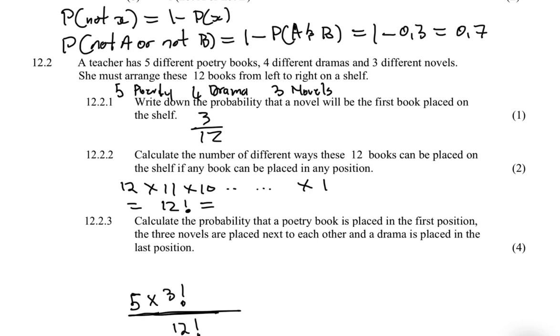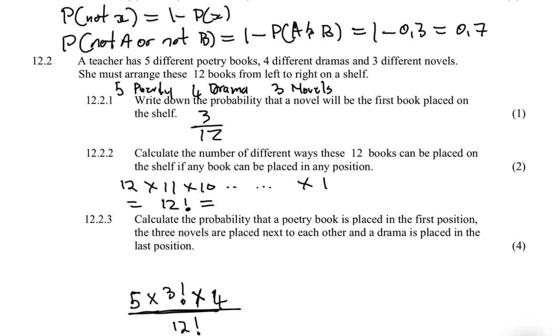And then the next case says a drama is placed in the last position, right? So we have 4 drama books, and then we want to place one in the last position. The number of ways of placing a drama book in the last position will be 4, right? So it's just the number of drama books, just like for placing a poetry book it was just the number of poetry books.